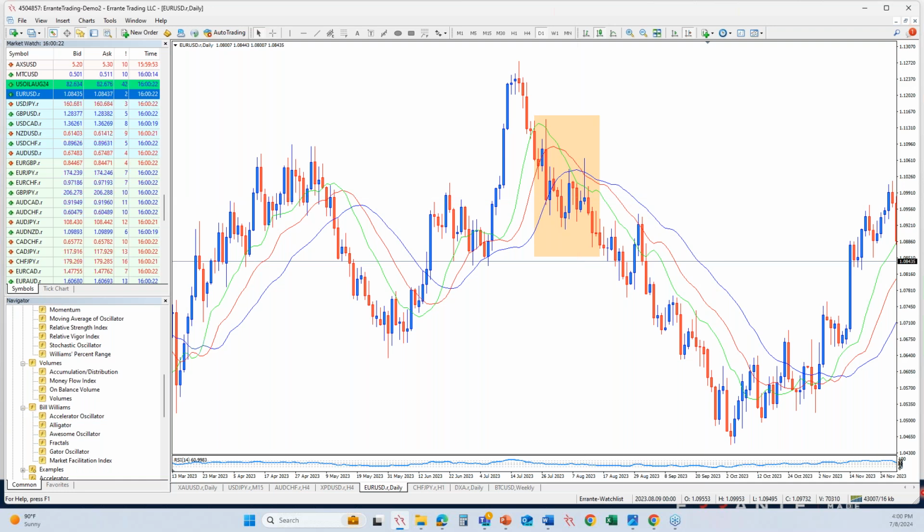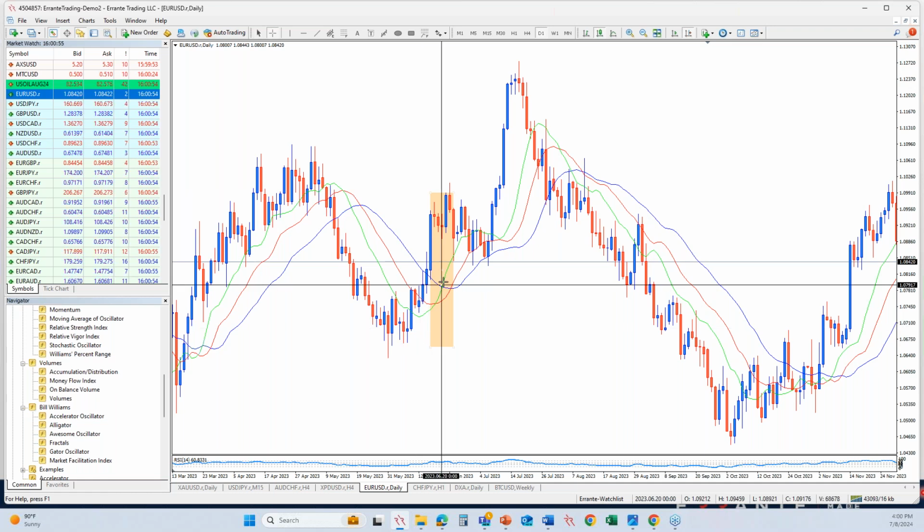So we can have an entry point, maybe for a long position, when the lips cross above the teeth and jaw, and the lines begin to diverge. Where can that be? For example, here is a very simple indication of the alligator indicator, okay?